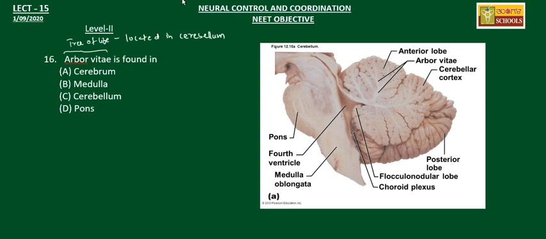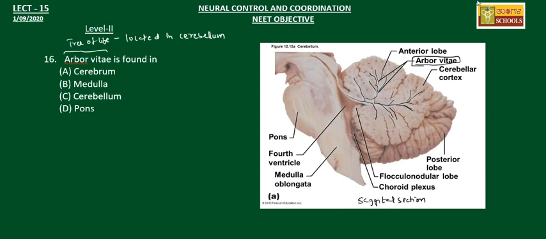In this picture of a sagittal section, you can see the white matter appears branched, just like a tree with its branches. This is what we call the arbor vitae.